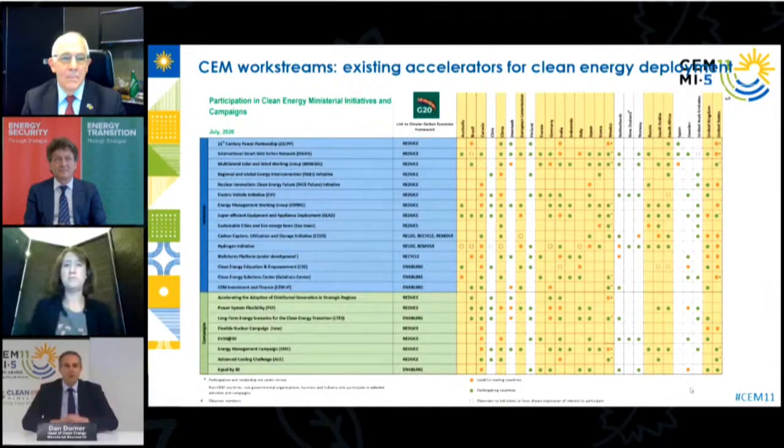Now, this is too small for everyone to look at, so don't worry too much, but it's really just to give you a complete mapping that shows, firstly, when we take all of those work streams, those initiatives and campaigns, you can map them under the 4 Rs.